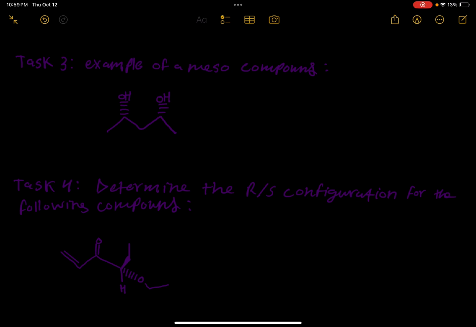Chiral compounds have no chiral centers, whereas meso compounds have multiple chiral centers, and that's the difference between chiral compounds and meso compounds. And meso compounds have a line of symmetry, so if we put a line through it, they are the same, identical. They are superimposable.